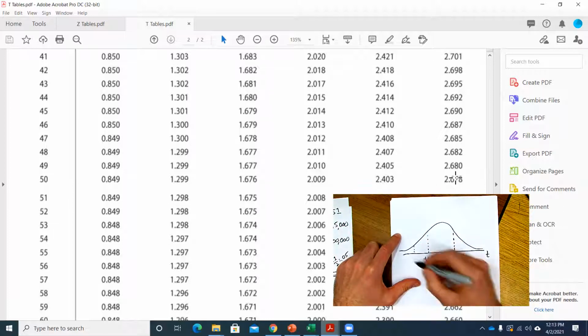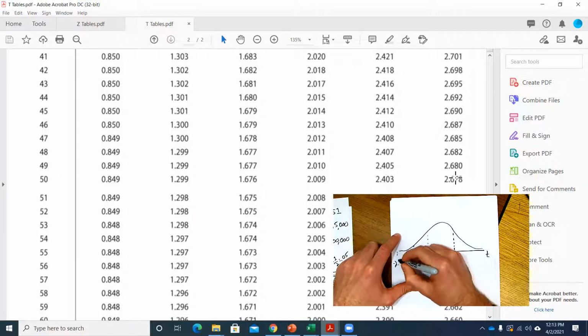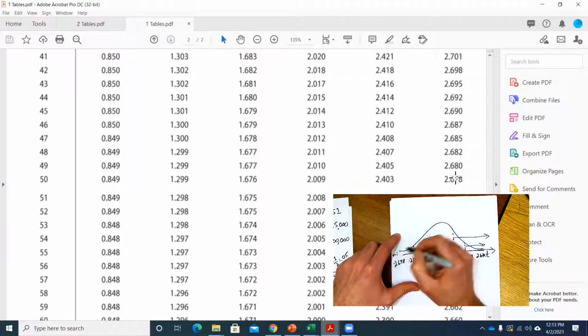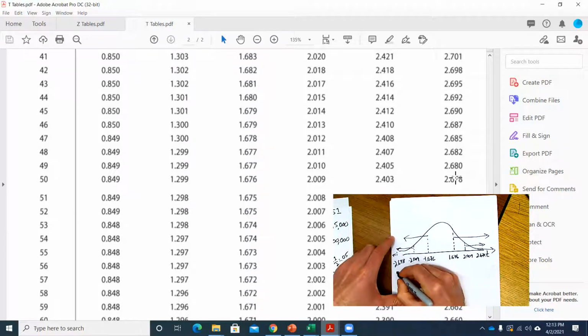What was the next one? 2.009, and then negative 2.678. So 2.009, 2.678. And then I could have thought about, okay, here are my rejection regions for each one of these different alpha values. Remember, this was my alpha of 0.01.